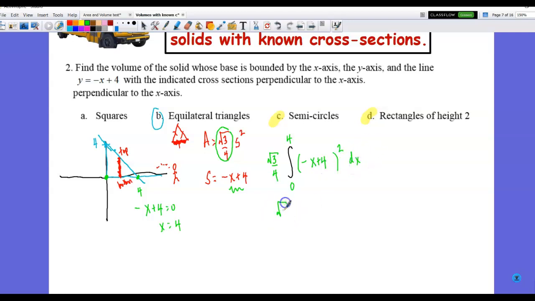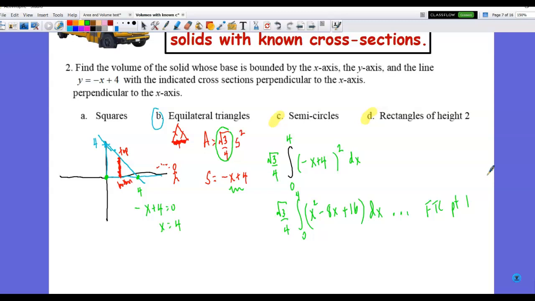I'll take it one more step, and that becomes the square root of 3 over 4, 0 to 4, I'm going to square that binomial and get x squared minus 8x plus 16 dx, and then perform FTC part 1 in order to get the volume of that region. All right, so that's example number 2.